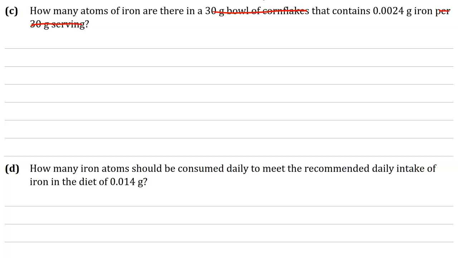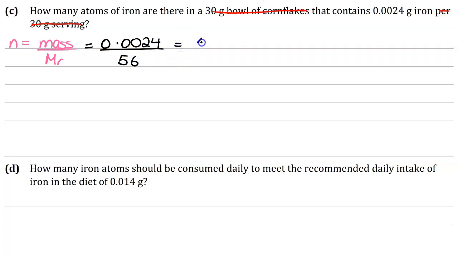So like everything, if I'm given grams, the first thing I need to convert to is moles. That's the most important thing to remember. We must always start with moles. So again, I'll write my formula. n equals mass over Mr, and then that's equal to 0.0024 over, and the mass of iron is 56.